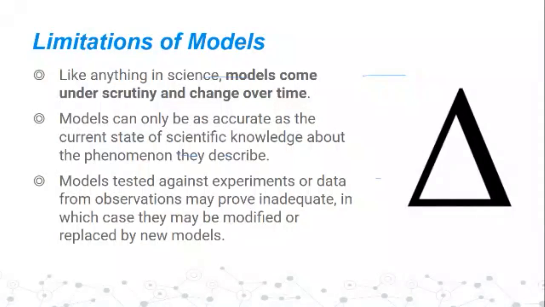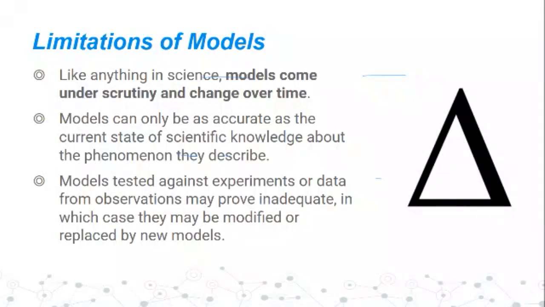What are some of the limitations of models? One, models normally come under scrutiny and also change over time. So they are not static, they must be dynamic, and many times they're under scrutiny. Models can only be as accurate as the current state of scientific knowledge.